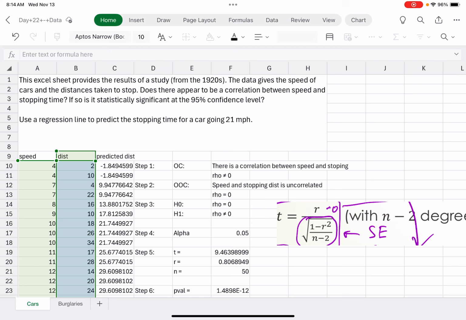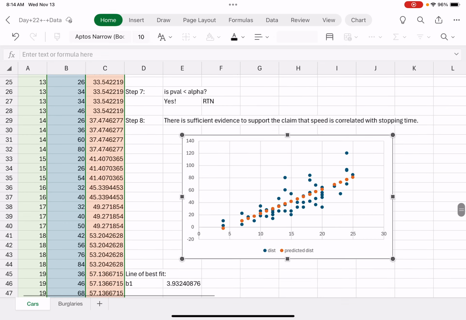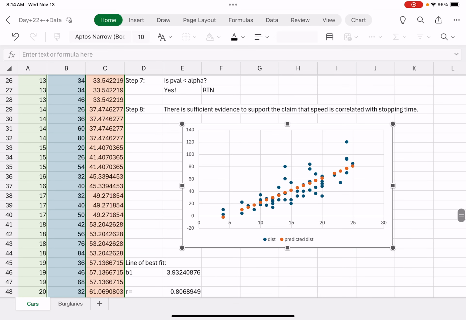And you'll see there are those dots in the corner. I clicked and dragged on the right side dot to include my predicted distances. And when I did that, it automatically made it orange, and I look at my scatter plot, and the predicteds are the orange points.